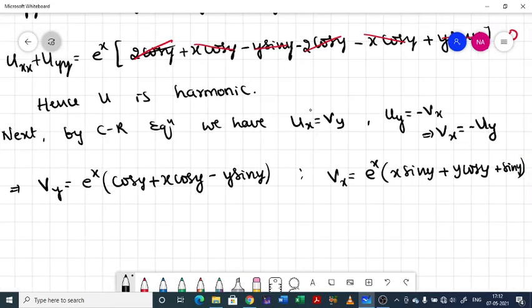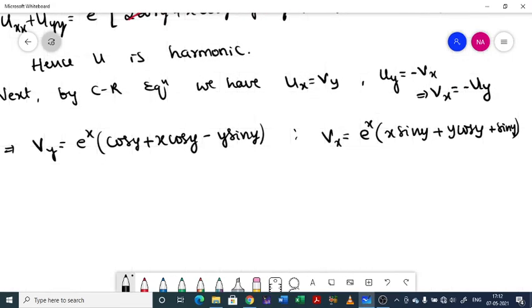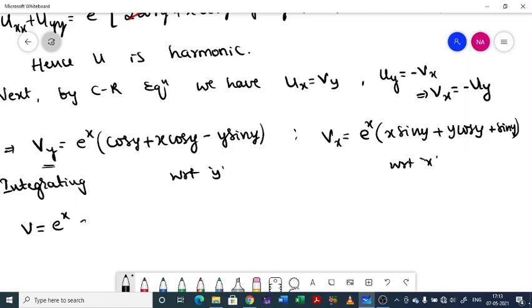Now integrating, see here variables are interchanged, so integrating this we need to integrate with respect to y. This is with respect to y and this one with respect to x. So integrating with respect to y, here we will get v equal to e power x, which is constant, integral of cos y will give sin y plus x sin y.